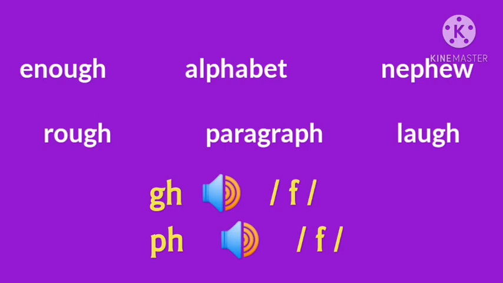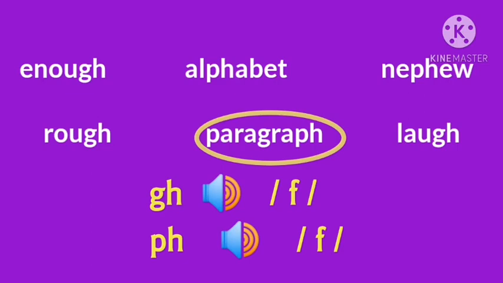See the next word, nephew. Here also the letters P and H are pronounced as F sound, nephew. Next word, rough. Here we can see the letters G and H. These letters are also pronounced as F. Next, the word paragraph.